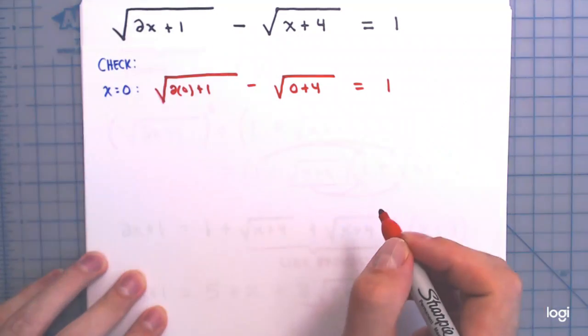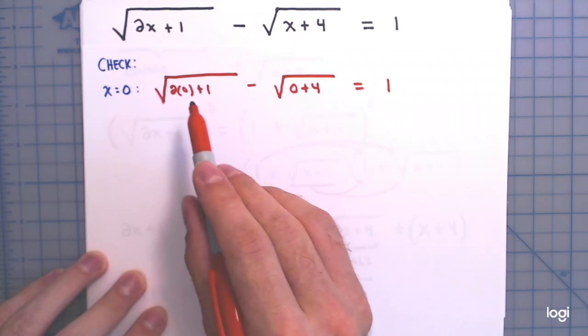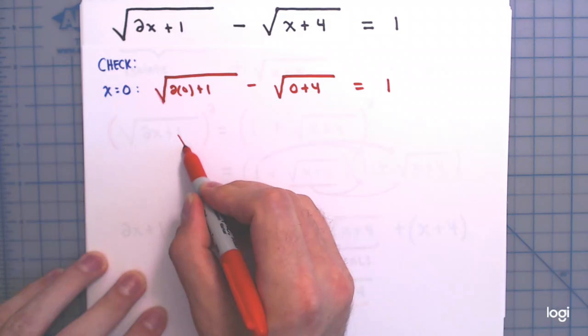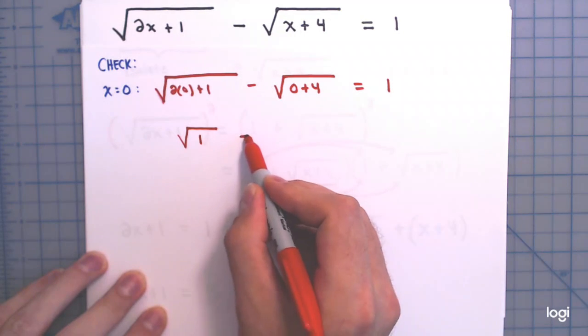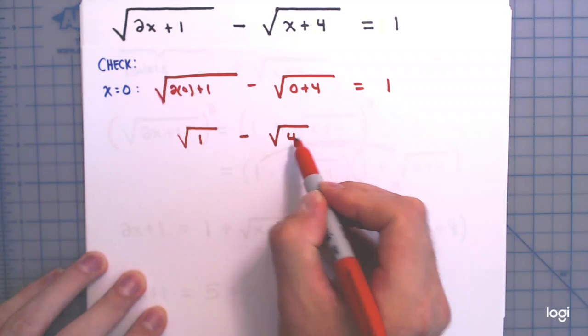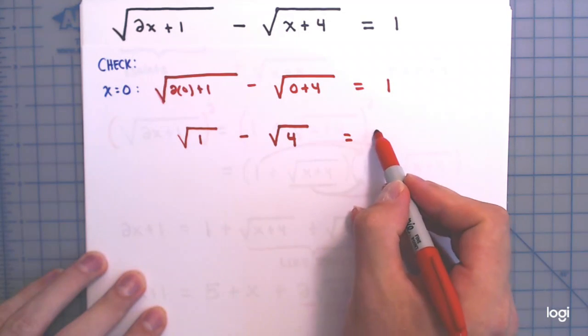Is this equal to 1? The radicand in this radical, 2 times 0 is 0 plus 1 is 1, so it's the square root of 1 minus, and then 0 plus 4 is 4, the square root of 4. Is this equal to 1?